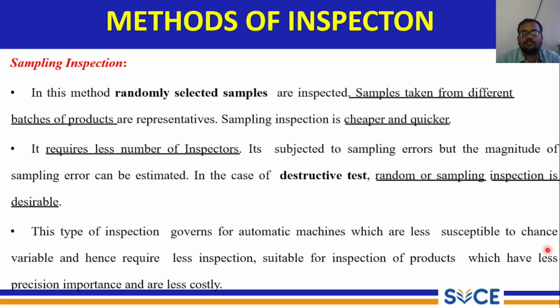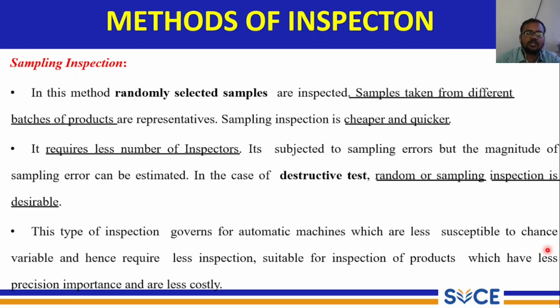Second category of inspection is sampling inspection, where you randomly select a few samples. Of course, there are a few methods of choosing a sample, but sampling inspection is a little bit cheaper and quicker too, since you are not going to look at all the quantities, all the components, for inspection.